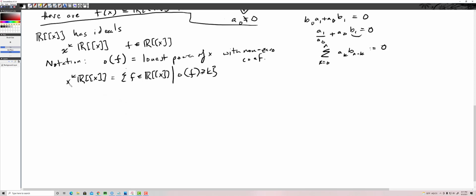You'll also notice that this kind of gives this weird nesting thing where you can start with the big papa ring, right? And then you can kind of work your way backwards based on the power of x that you choose for your ideal, dot, dot, dot. You continue to get higher and higher powers, and you can see very clearly that they're all nested within each other. And since these are the only ideals, that means that this bad boy right here is maximal.